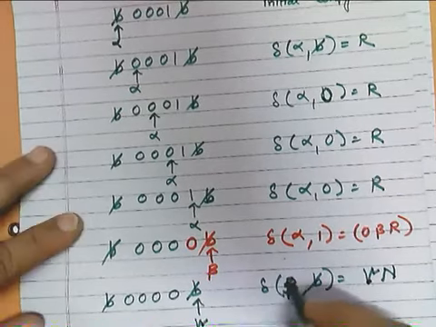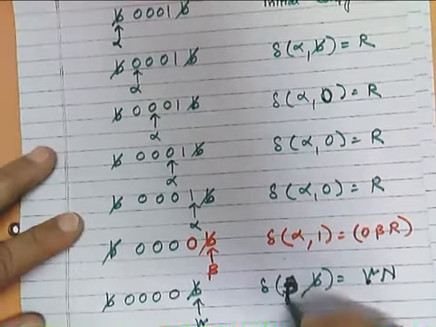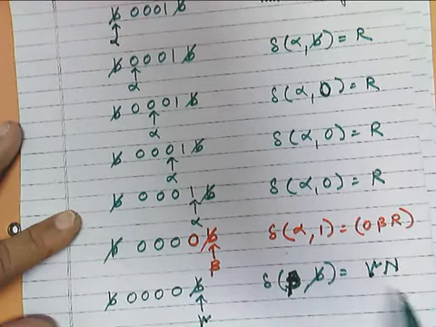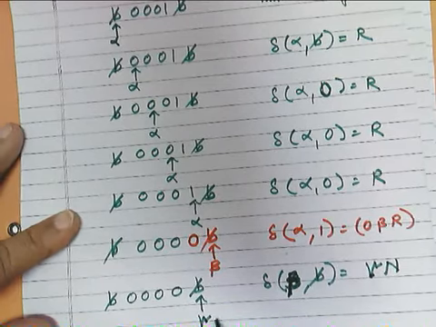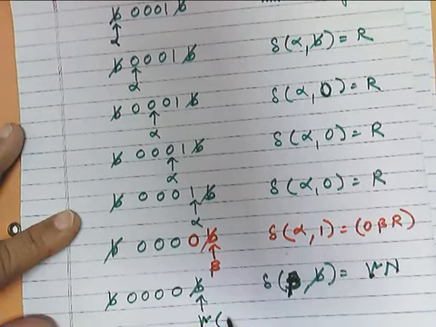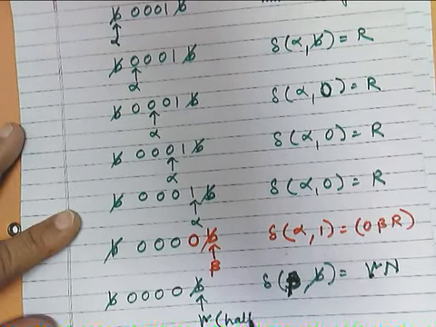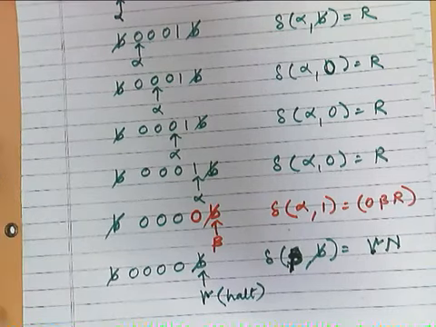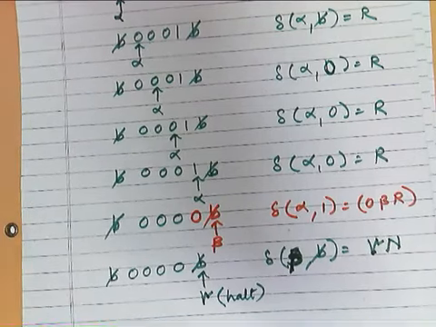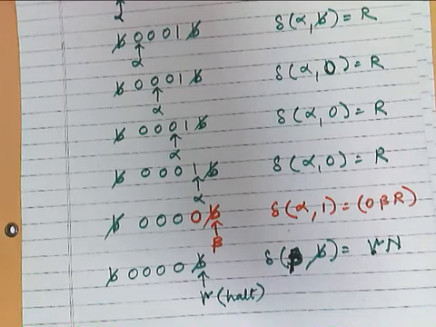So if it is beta comma blank, then it is gamma n. Since you reach a gamma state, you can halt here, as you have reached a halt state. I think this is a better understanding of the simulation of the given Turing machine.